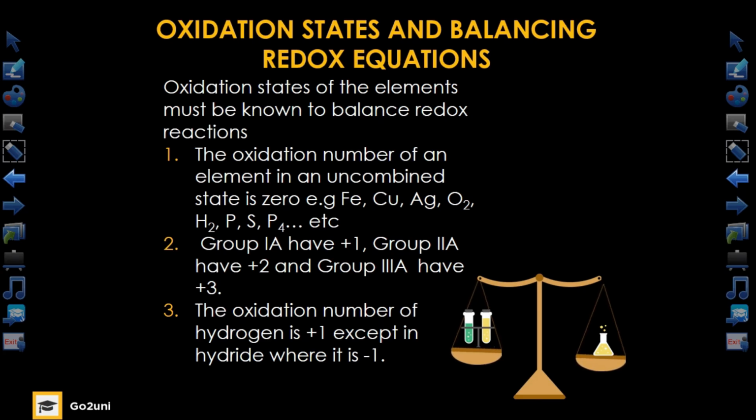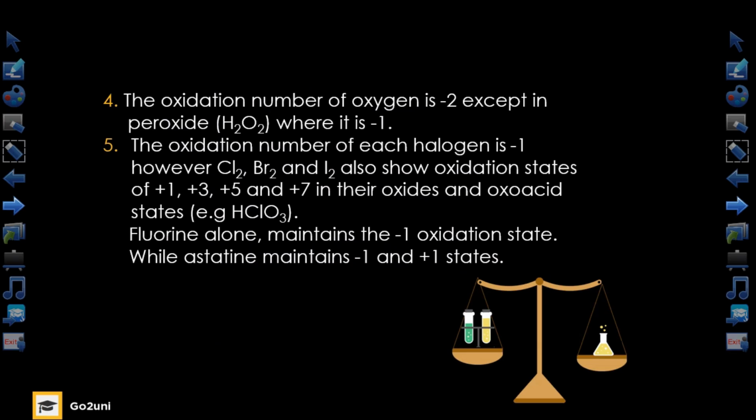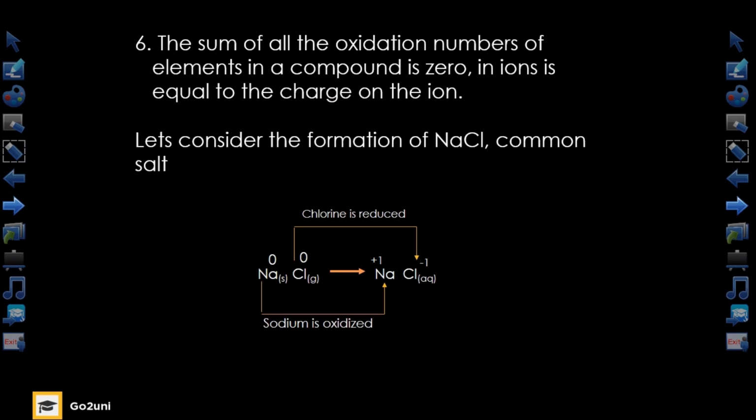That of group 1, 2, 3 are plus 1, 2, 3. And the oxidation number of hydrogen is plus 1 except in hydrides. But let's look at the sixth rule here. It says that the sum of all the oxidation numbers of elements in a compound is equal to 0.